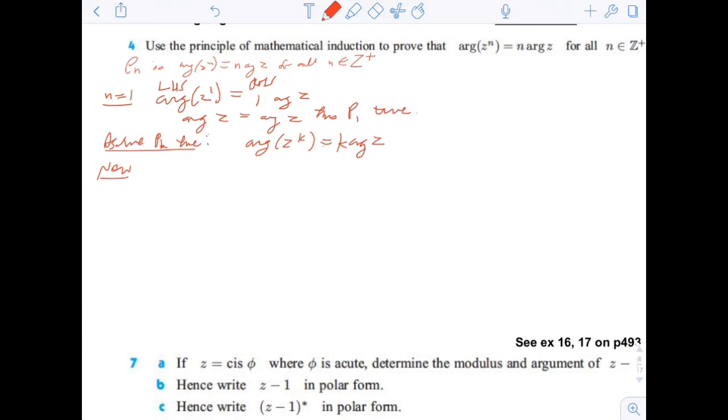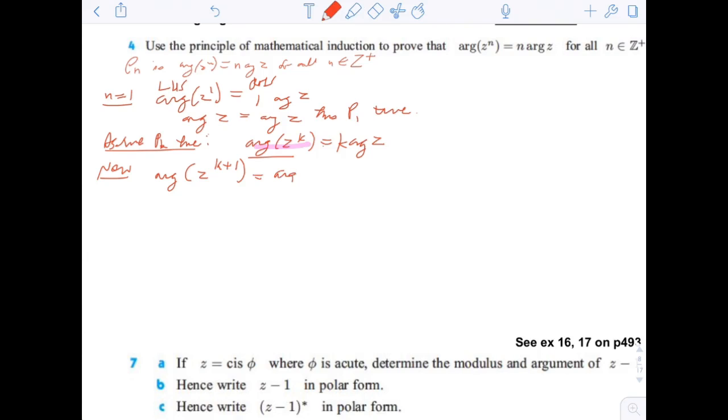Now we're going to look at the left side in terms of k plus 1. So if we are starting with the argument of z to the k plus 1, let's try to massage that until we get this expression on the left side.